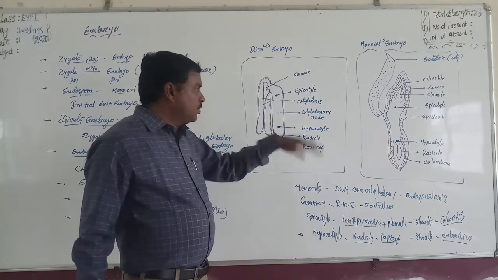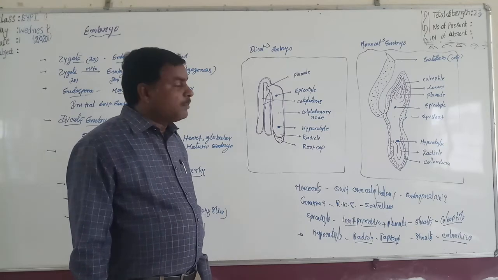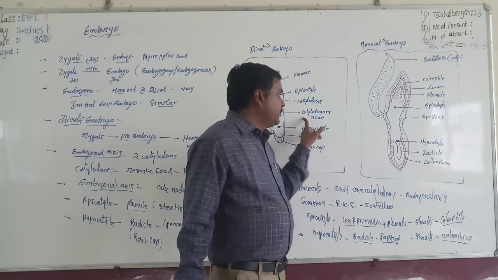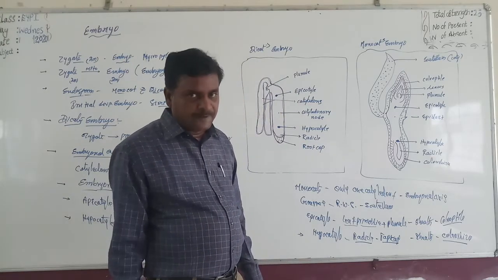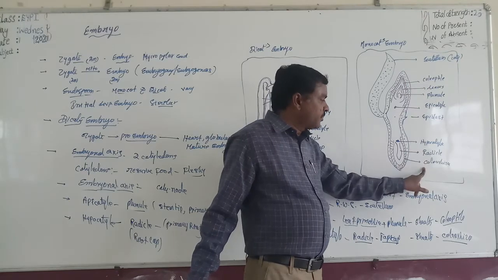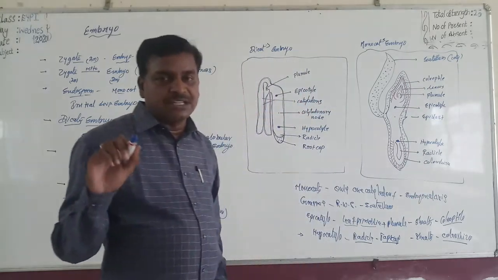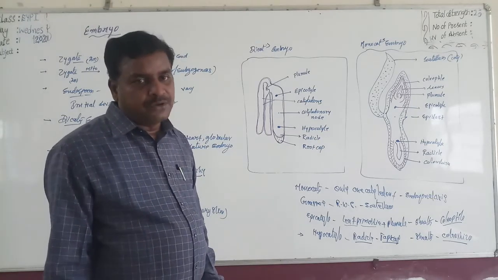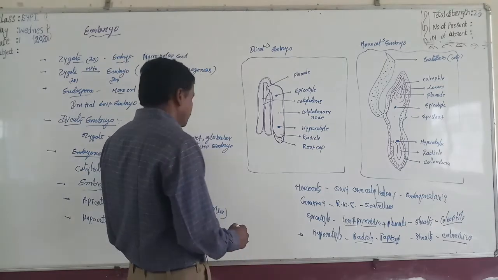Epicotyl and hypocotyl are present in both embryos. But the cotyledonary node is replaced by the epiblast in the monocotyledonous embryo. And coleoptile and coleorhiza are present in the monocot embryo but absent in the dicot embryo. Very, very important.